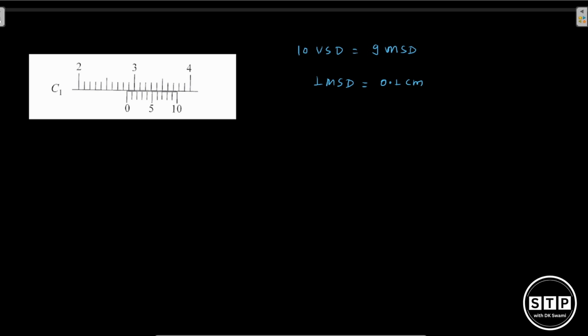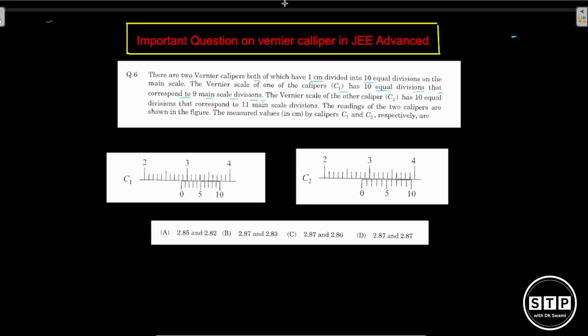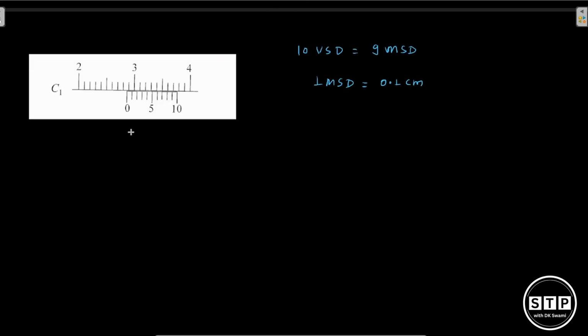Now we need to find out the reading of C1 and C2. So let's first find out C1. For C1, according to the steps, I will first take the measurement of the main scale. So what is that measurement?